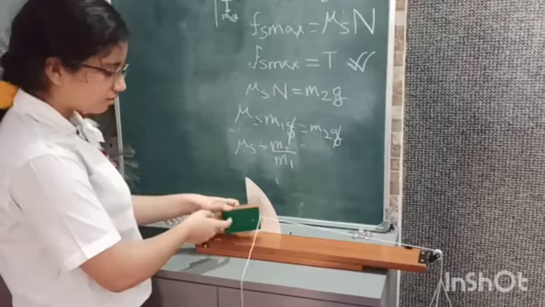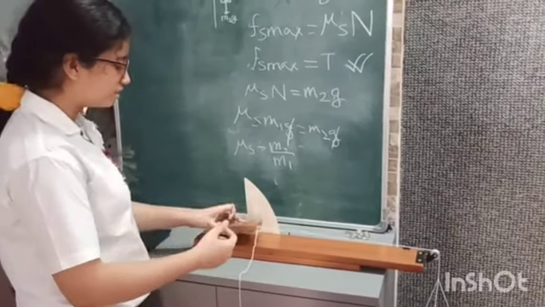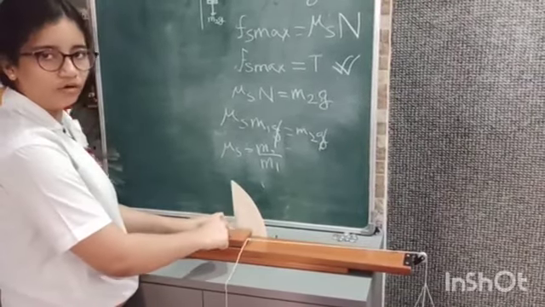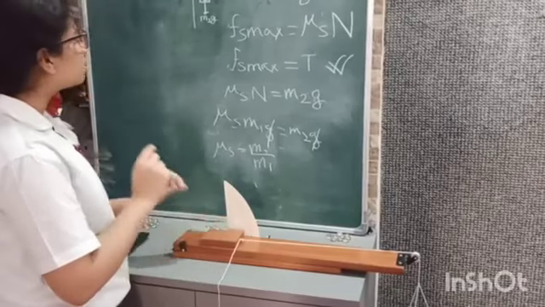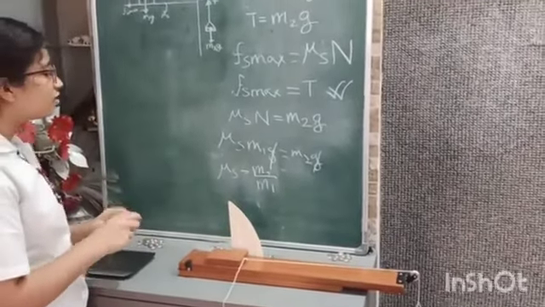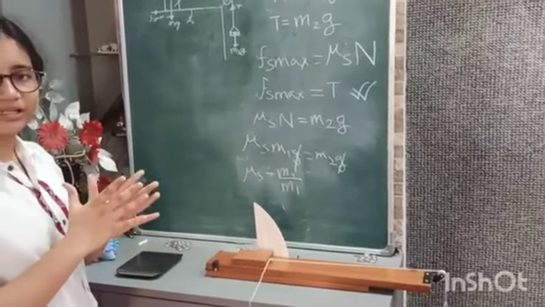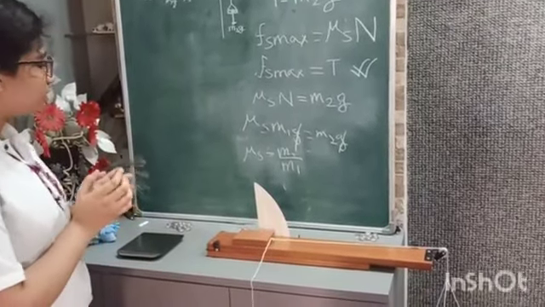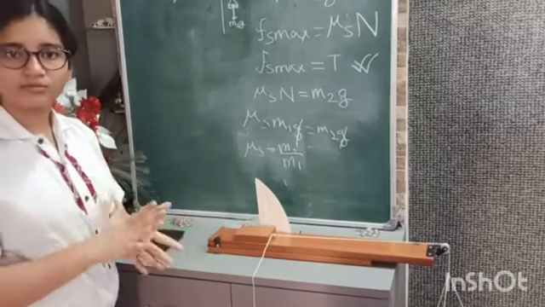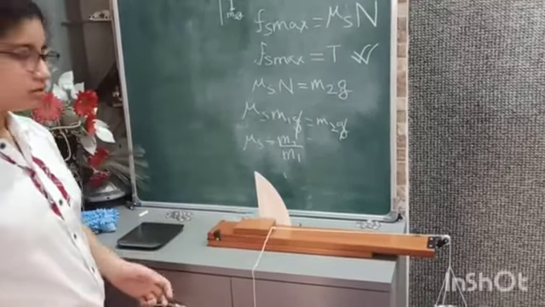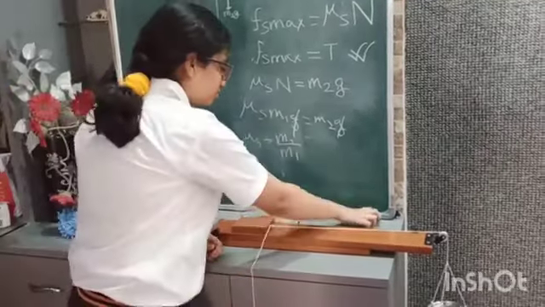One is a green surface, which I will use first, and the second is the wooden block surface only. The coefficient of static friction will be different for both, as friction depends on the nature of the two surfaces, whether they are smooth or rough. Now let me start putting the pebbles on.